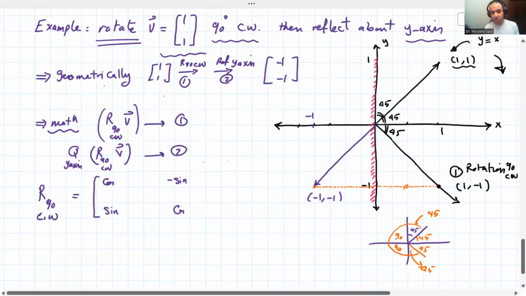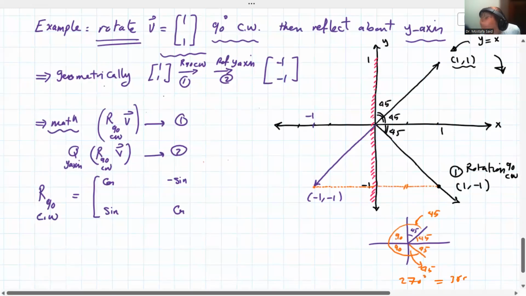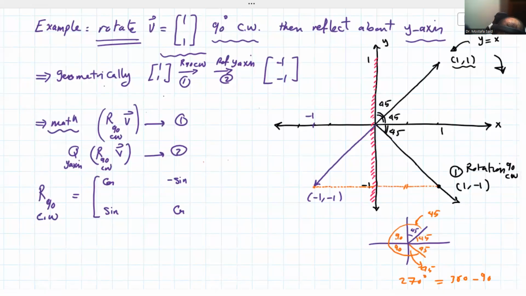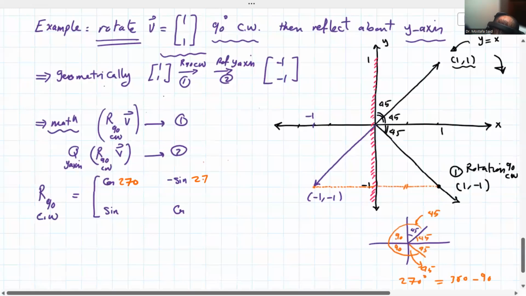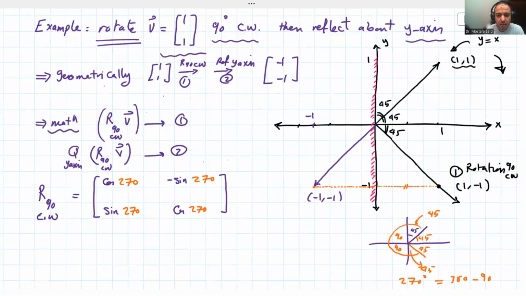If you add them together, it's 90 plus 90 plus 45 plus 45, and 45 plus 45 is 90. So 90, 90, 90 is 270 degrees, which is 360 minus 90. So this will be cosine 270, minus sine 270, sine 270, cosine 270. Let's now calculate that. I'm gonna use an online calculator as usual.